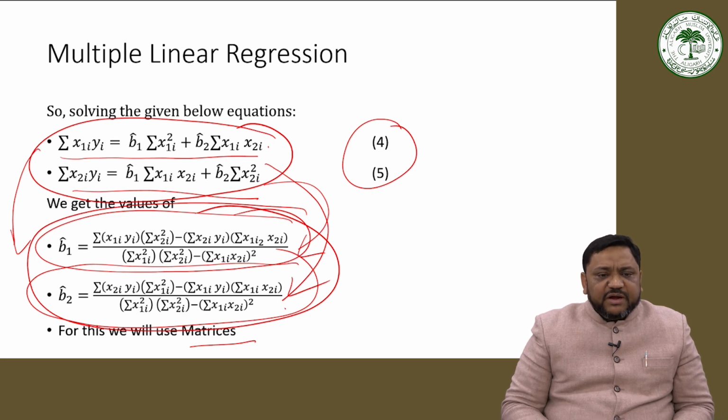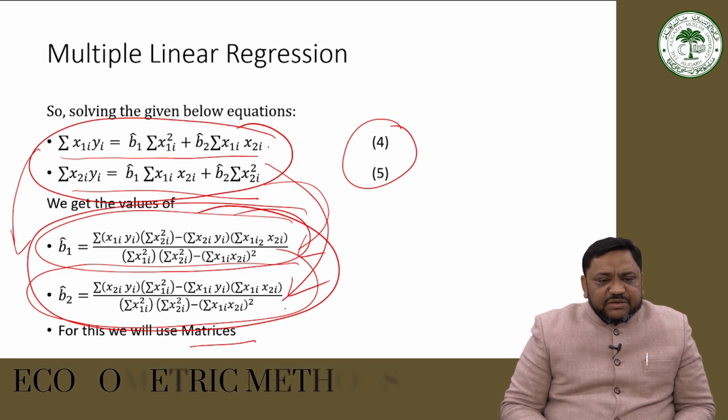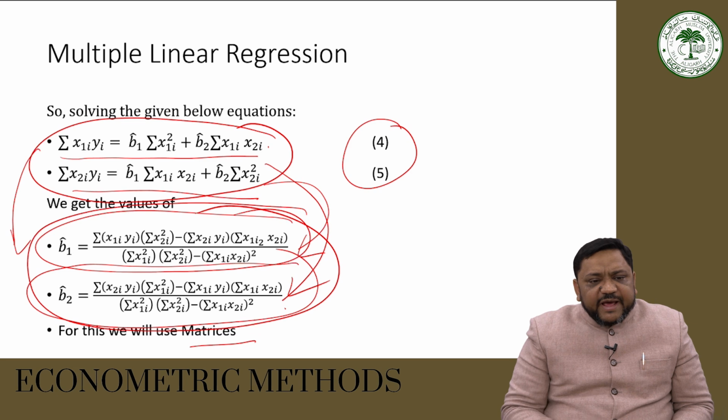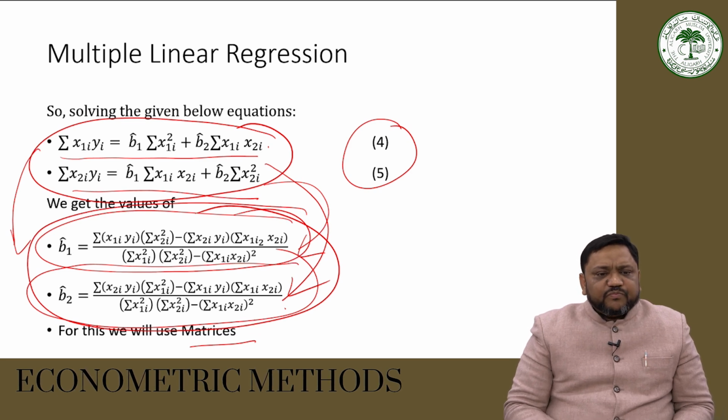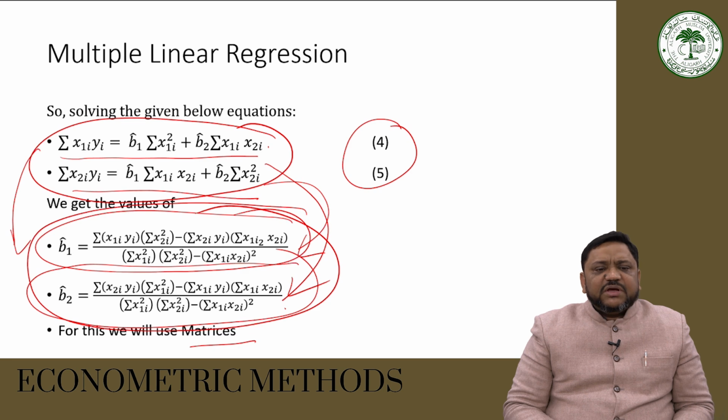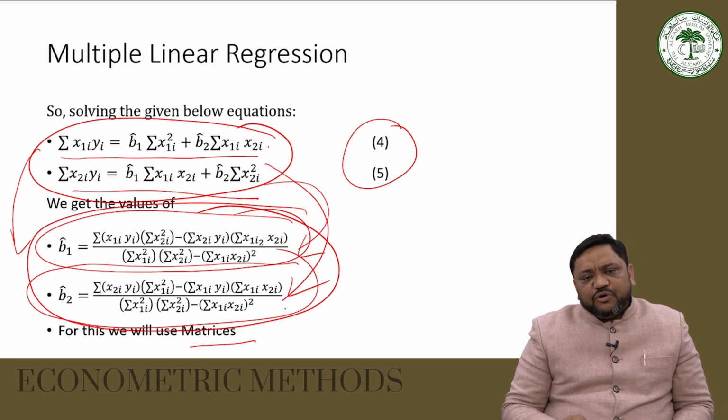And b2 hat can be read as summation x2i yi multiplied by summation x1 square, minus summation x1i yi multiplied by summation x1 x2, divided by summation x1 square multiplied by summation x2 square minus summation x1 x2 whole square.